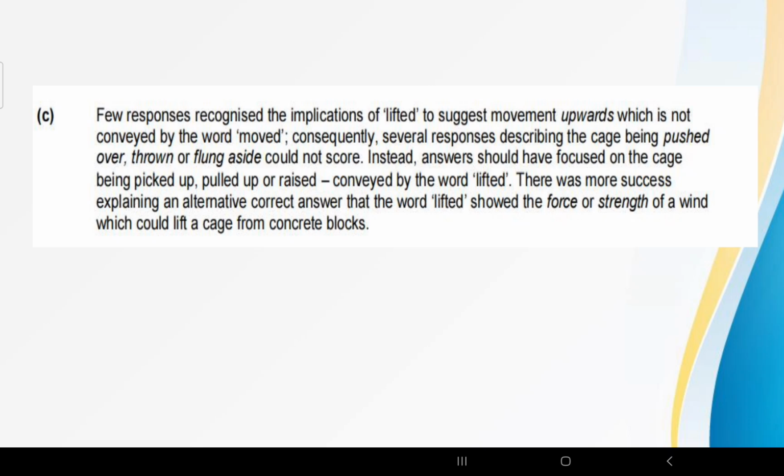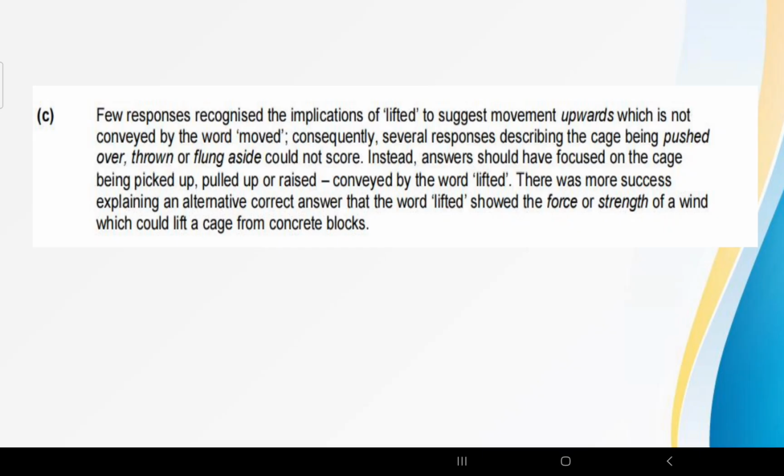Now examine the report. Few responses recognized the implications of lifted to suggest upward, which is not conveyed by the word moved. Consequently, several responses described the cage being pushed out. Okay, simply I'm stopping it here. There was more success explaining an alternative correct answer, that the word lifted showed the force or strength of the wind, which could lift a cage from concrete blocks.